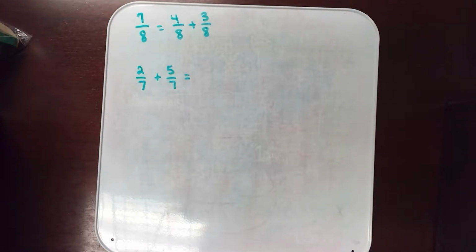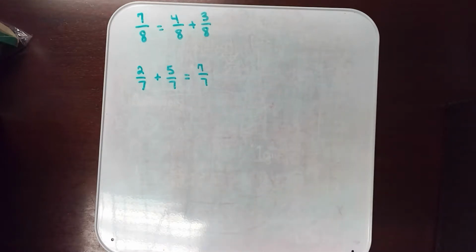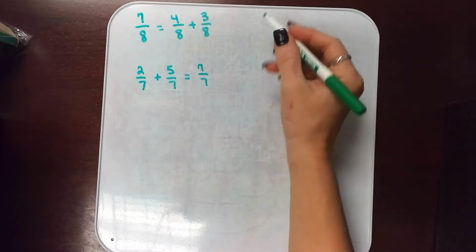And students are going to estimate that. Well, I think it's closer to a whole. And of course, when we add that, it is 7/7, which equals a whole. But to get that TEK about the estimation, you want to make sure you ask them to estimate before you do any kind of addition or subtraction with students.